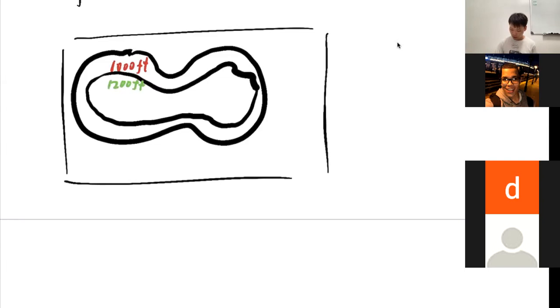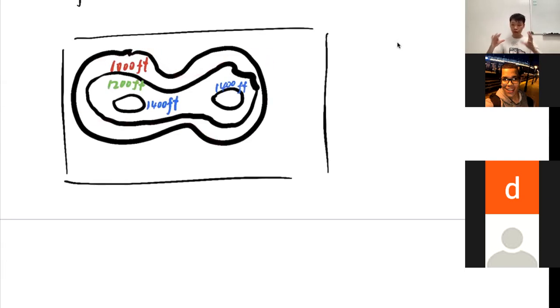And then you get closer and closer, and suppose there are two peaks here. Then these two will have 1,400 feet. Okay. So this is what we call a level curve.